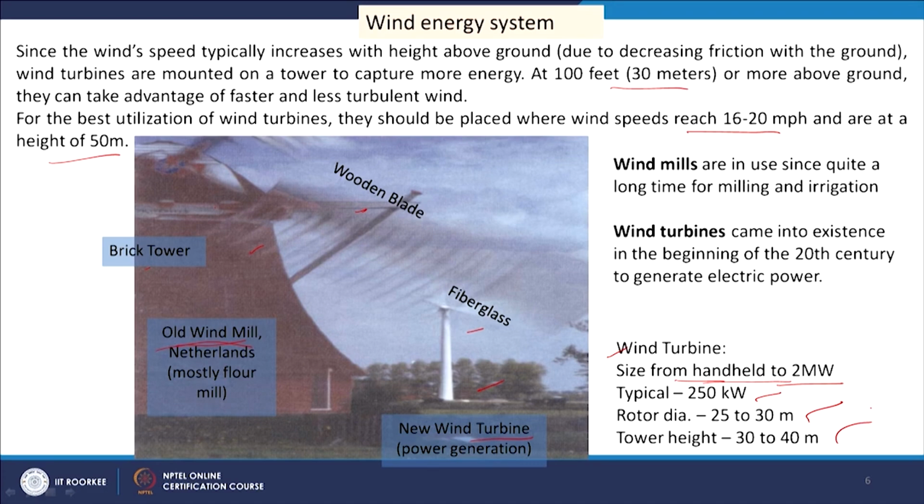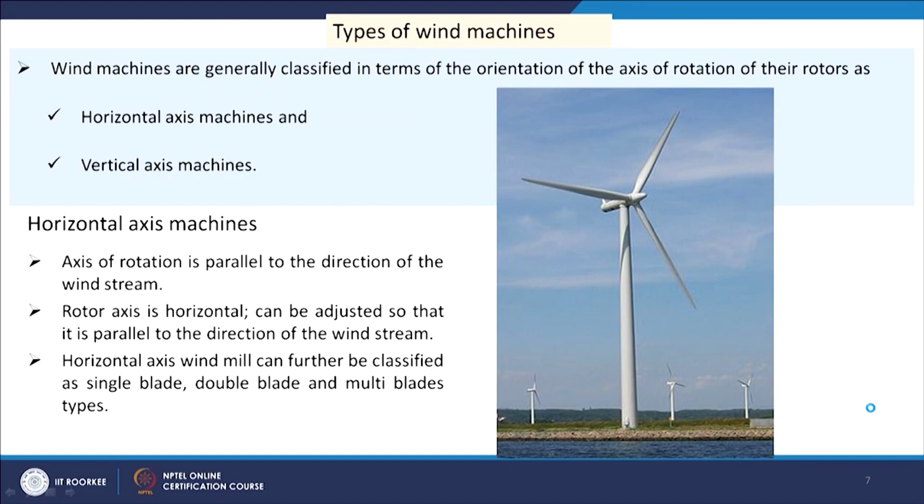This is the description of the wind system, and then we will see the types of wind machines. Wind machines help to convert wind energy to any usable form of energy. Wind machines may be of two types, horizontal axis machines and vertical axis machines.